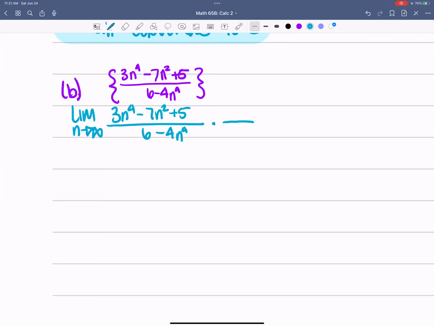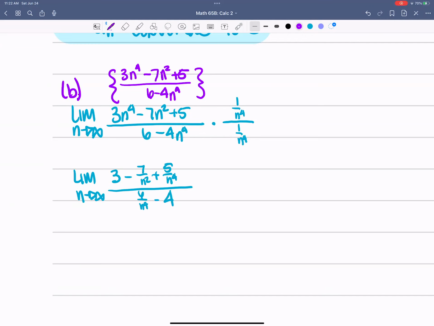From here, we're going to multiply by the highest degree, which happens to be the same in the numerator as it is in the denominator. So 1 over n to the power 4. Multiply that through, and we end up with the limit as n approaches infinity of 3 minus 7 over n squared plus 5 over n to the power 4, over 6 over n to the power 4 minus 4.